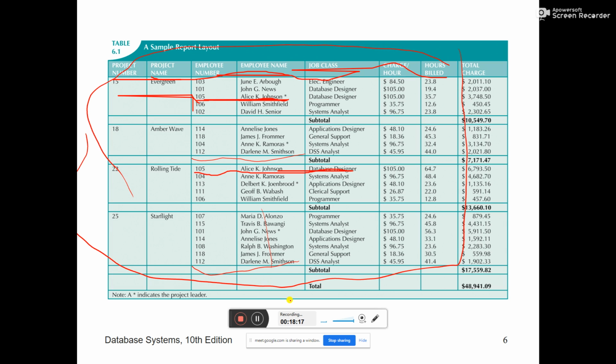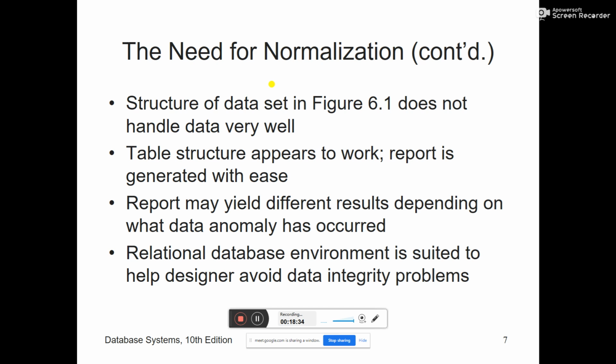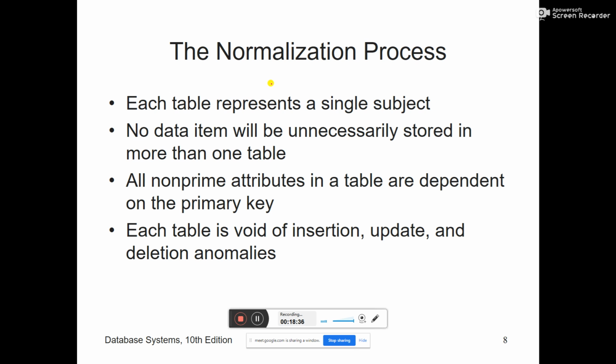Employee name is a non-prime attribute, and if our primary key is project number, the non-prime attribute should depend on the primary key. But here in this case it does not. But when we perform normalization, then it will.